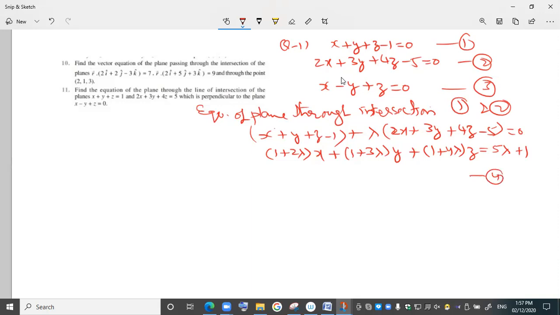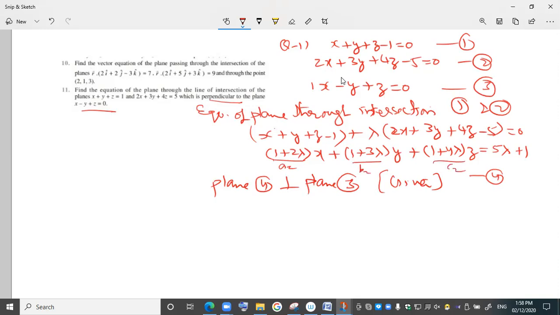It is given that plane 4 is perpendicular to plane 3. Correct? Because it is given that it is perpendicular to this plane. So this is the given condition. It will be applied when two planes are perpendicular. A1, A2, B1, B2: A1 is 1, B1 is minus 1, C1 is 1, and A2, B2, C2 are the DRs of the other plane.